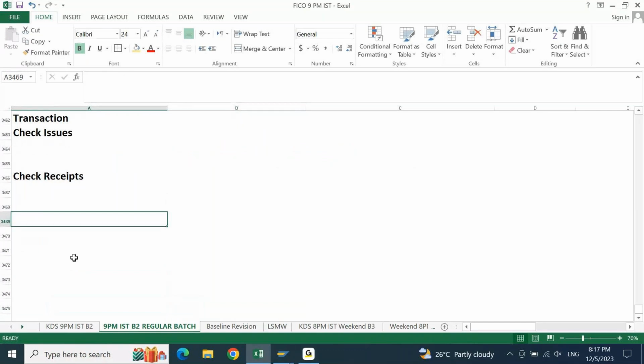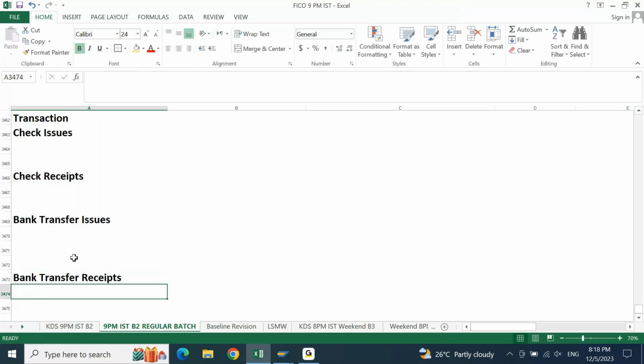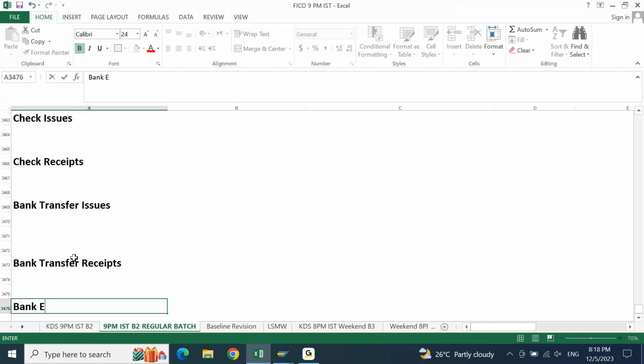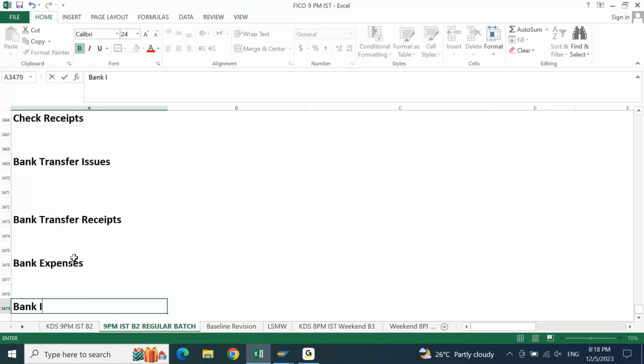Third one, I will write bank transfer issues. Issue is not a problem. Issue is like you're initiating the payment. Now, fourth one is bank transfer receipts. Fifth one, I will put bank expenses. Sixth one, I will put bank incomes.